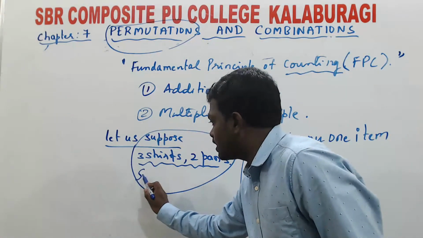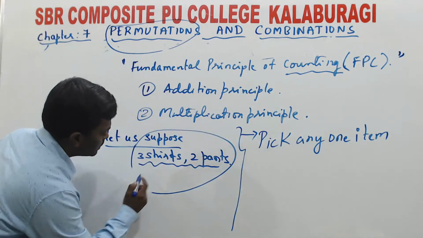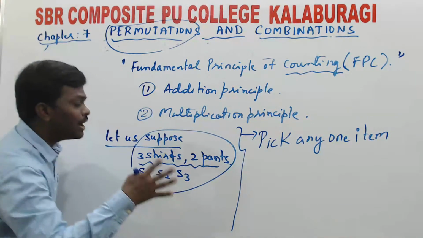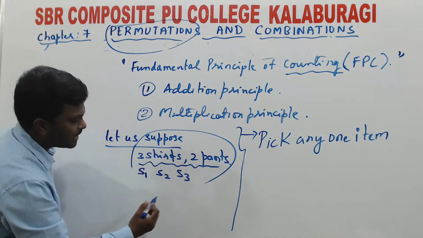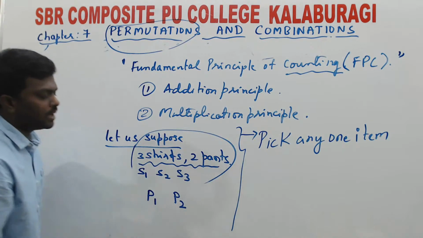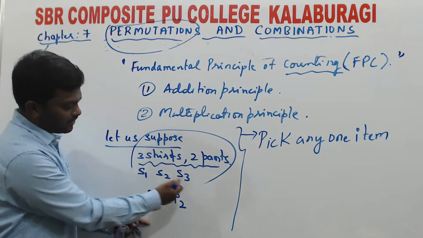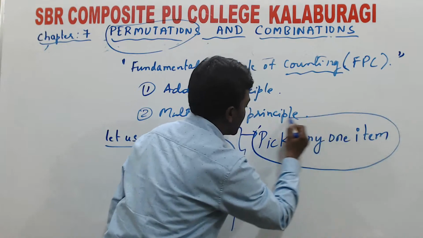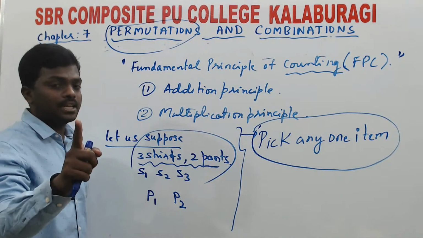So let me say the three shirts are S1, S2, S3, and all are different shirts, or of different colors, and two pants, P1, P2. So I have three different shirts and two different pants, and the task I have assigned you is to pick any one item.